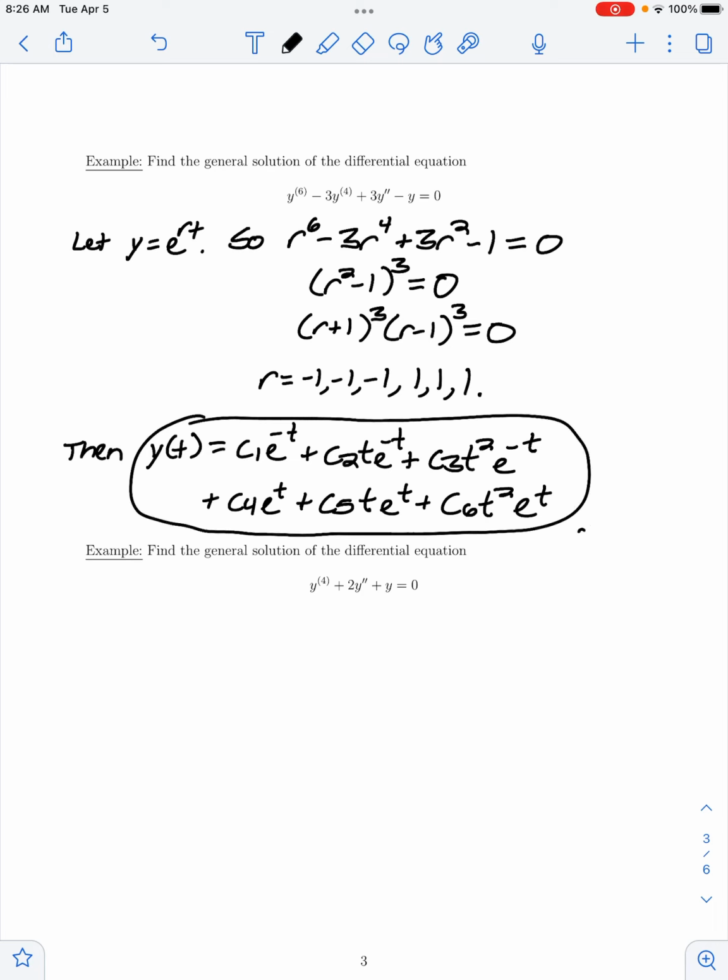So we see here for these higher order equations, we might have a real root which is repeated more than once, say of multiplicity 3 or higher.